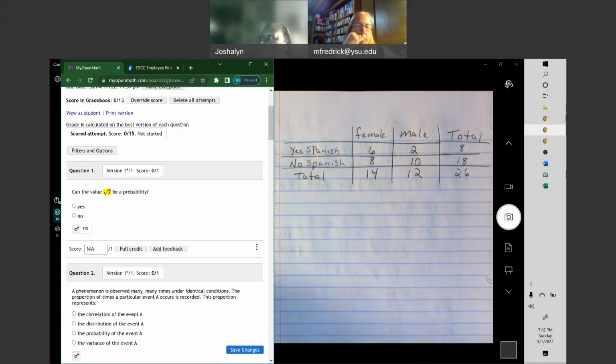Sometimes I have trouble, sorry, navigating through. You want to go through either the modules, like the home screen, if you click on that, or you could click on, I think it's called assignments.